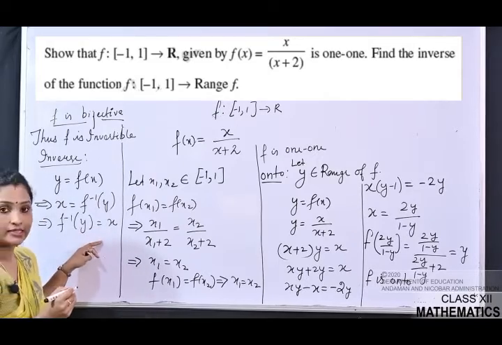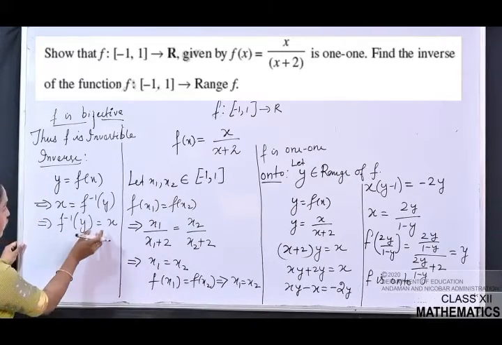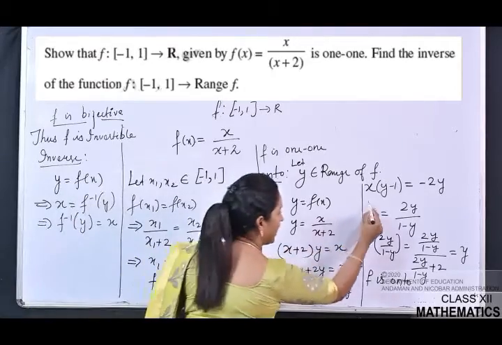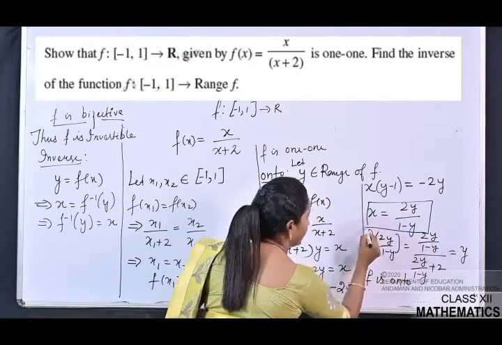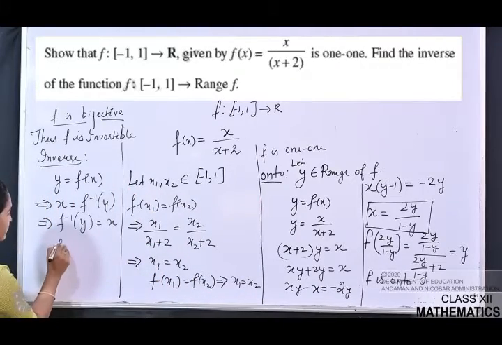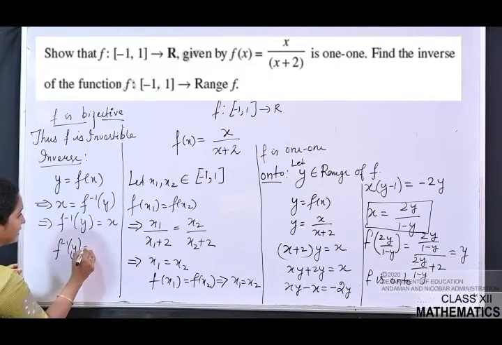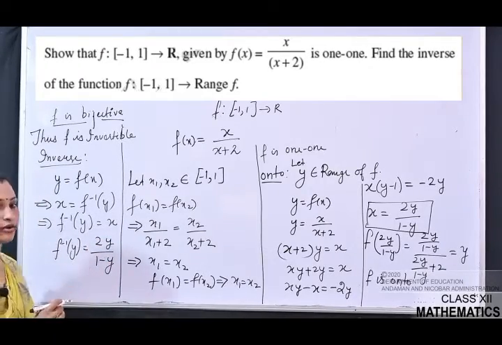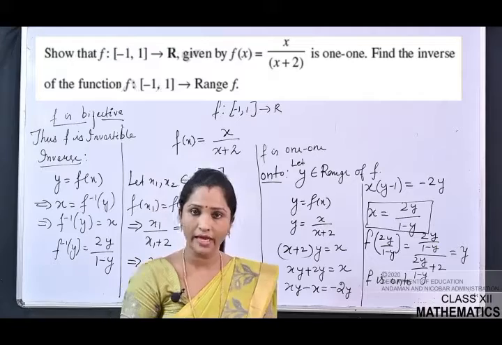That means what is the value of x you got it at the last? You got the value of x as 2y by 1 minus y. That means f inverse of y is nothing but 2y by 1 minus y, and this is your f inverse. I hope it's clear.